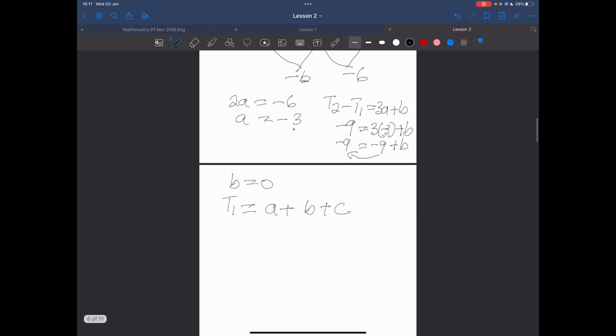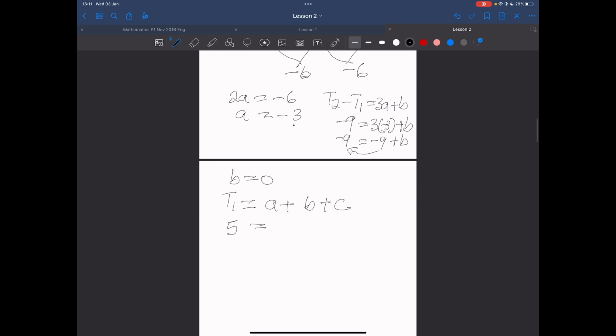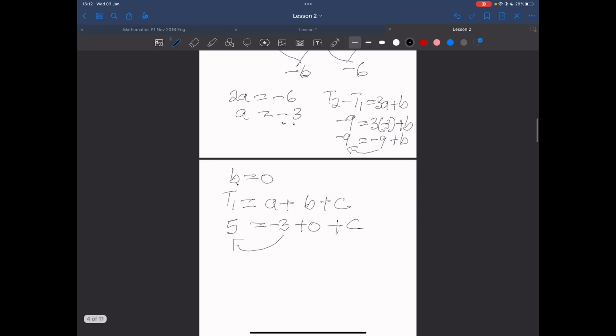So we have 5, and then A is calculated to be, not 3, a negative 3, and B was calculated to be 0. So we can easily get C. We take the negative 3 to the other side, so it will be plus. So 5 plus 3 is 8. So the C value is 8.